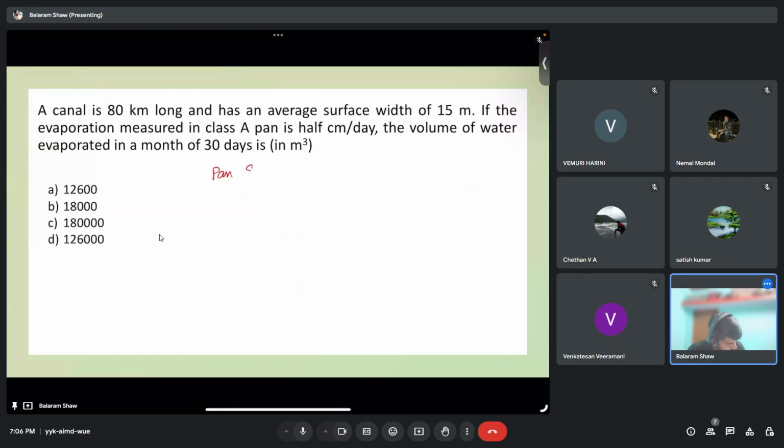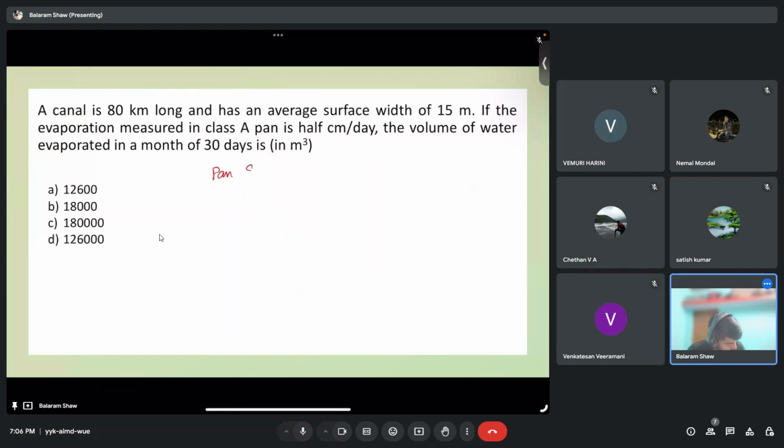Okay, I'll do it then. So the total evaporation happening from the pan for the whole month, that is 30 days, will be 0.5 centimeters. Let me convert it into meter: 0.5 divided by 100, into total 30 days.